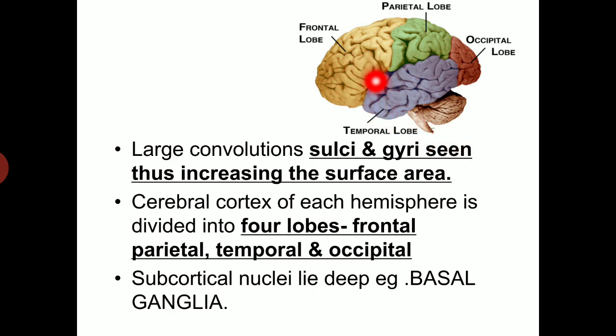So this elevated portion is known as gyri, and the groove-like structure is known as sulci. Now the cerebral cortex of each hemisphere is divided into four lobes: frontal lobe, parietal lobe, temporal lobe and occipital lobe. And subcortical nuclei lie deep, which are known as the basal ganglia.